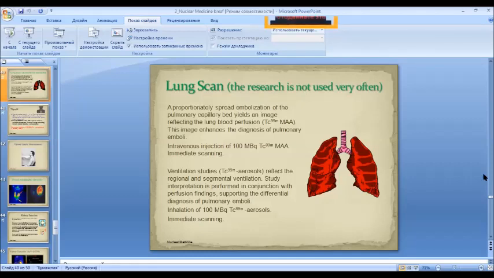Study interpretation is performed in conjunction with perfusion findings, supporting the differential diagnosis of pulmonary embolism. Usually, some amount of inhalation of technetium combined with aerosols is needed, and then immediate scanning is performed.